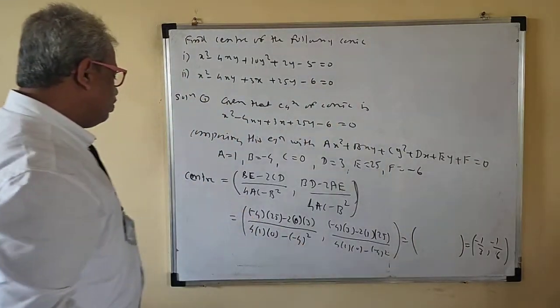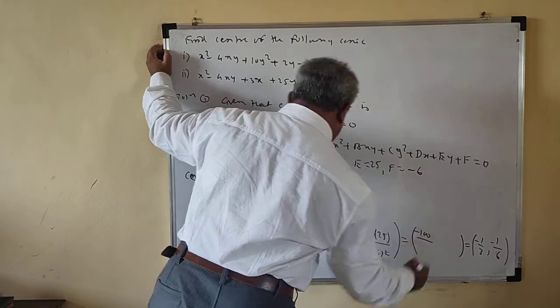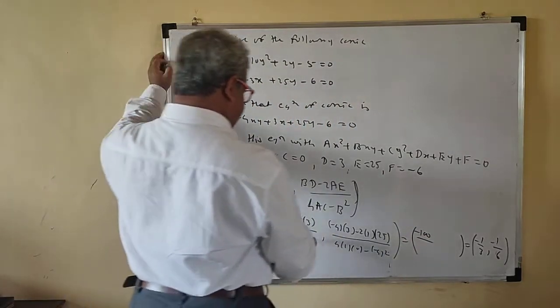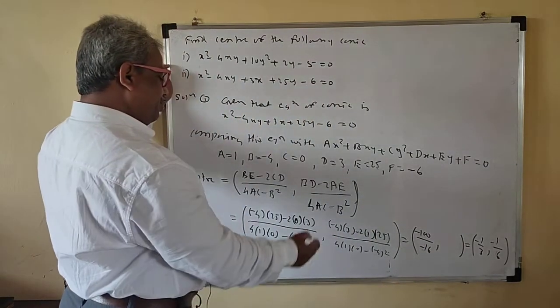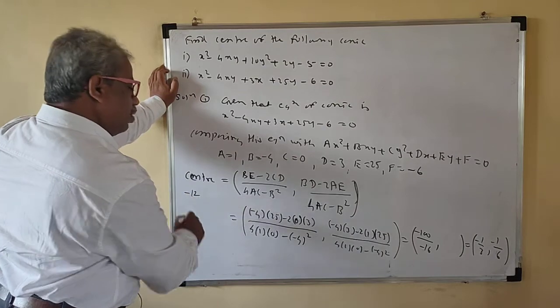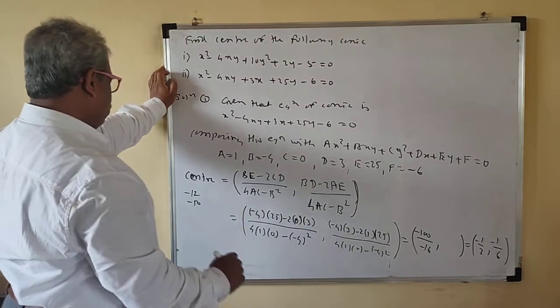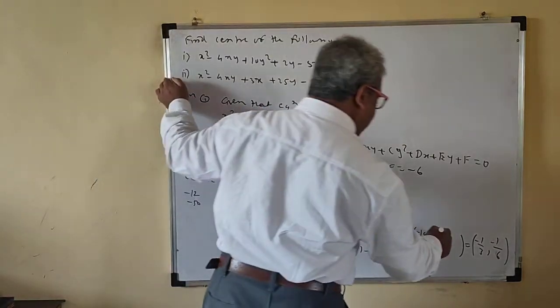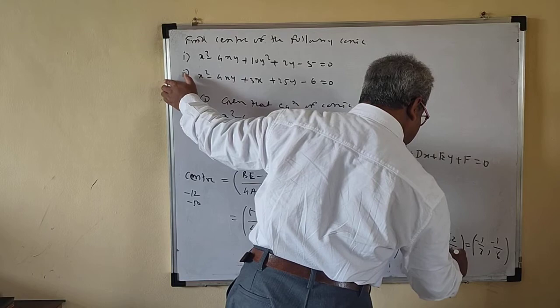Okay, so we'll find the value of this one. So this is minus 100. And this is minus 16. So this is minus 12, and this is minus 50. So minus 62 upon minus 16.